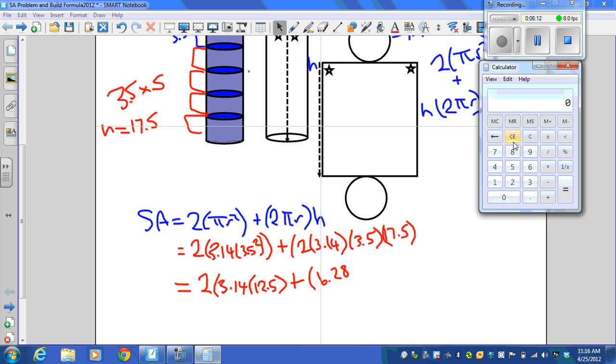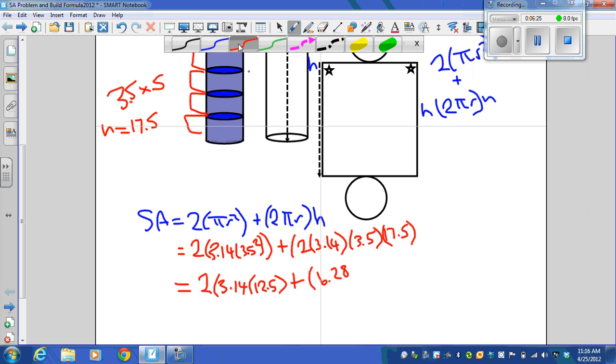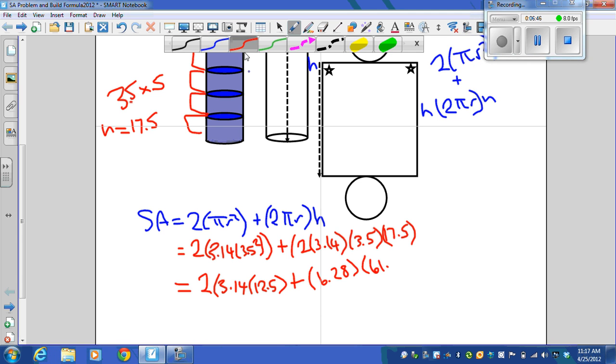Times 3.5 times 17.5. I'm going to do that in the calculator. 3.5 times 17.5 equals 61.25.